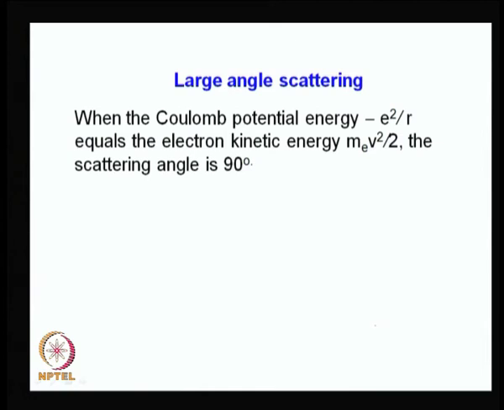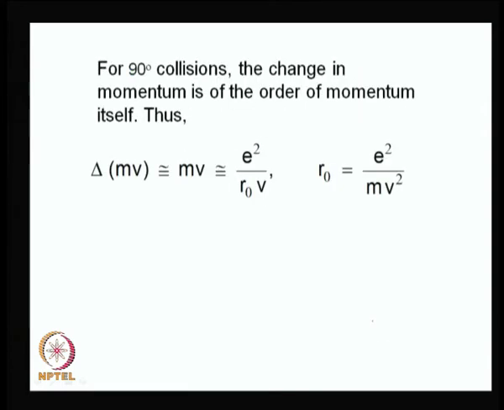And we are right now discussing large angle scattering, when the Coulomb potential energy is equal to the kinetic energy of the electron. The scattering angle is 90 degrees, and at those scattering angles, the change in the momentum is of the order of momentum itself.